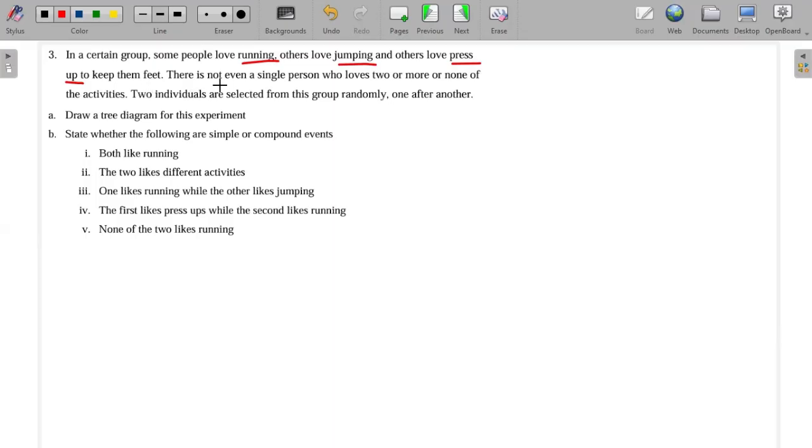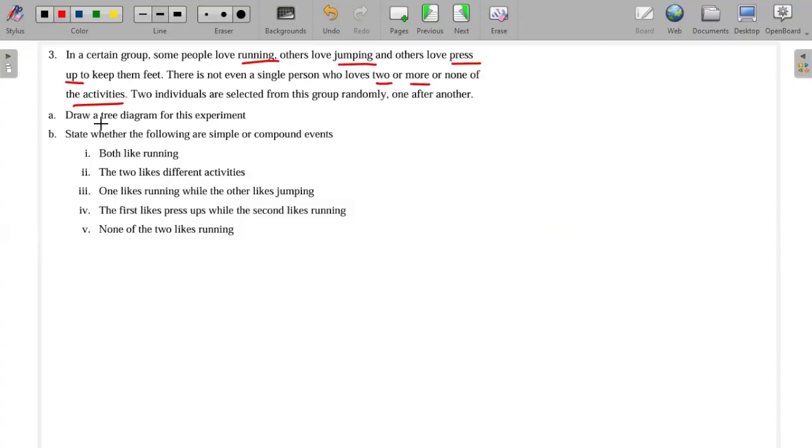Okay, there is not even a single person who loves two or more or none of the activities. So what does that statement mean? It means each person just belongs to one activity because they've said the intersection is 0 and all of them actually do something.